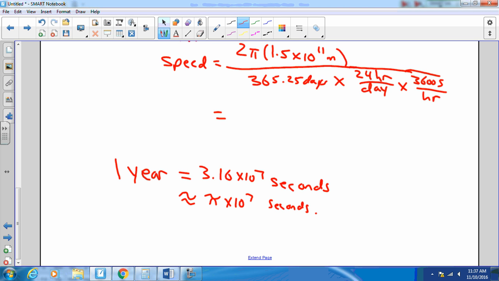It's kind of nice because the pi's cancel out in our factor there. I get just about 3 times 10 to the 4th meters per second, or 30,000 meters per second, exactly as Alexa/Google predicted. Totally cool.